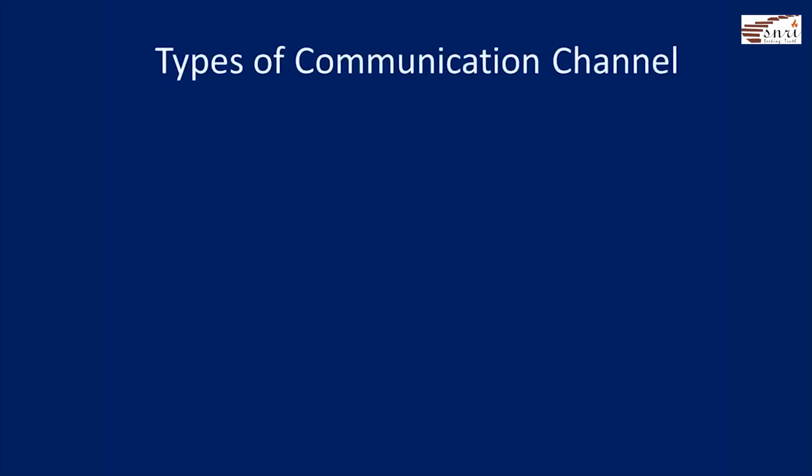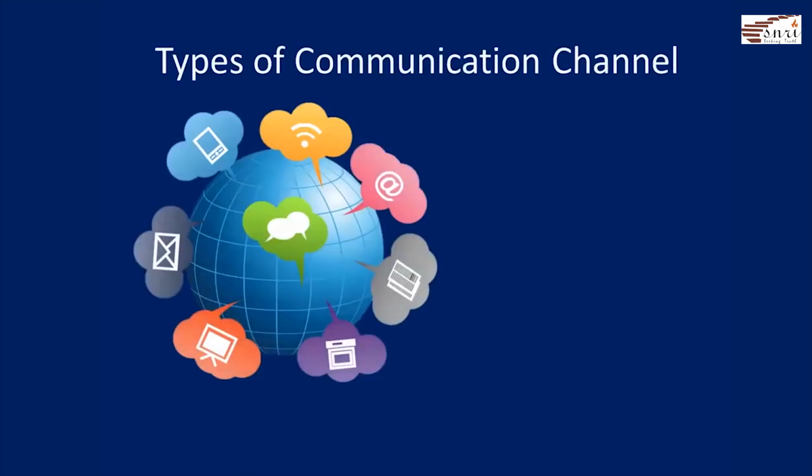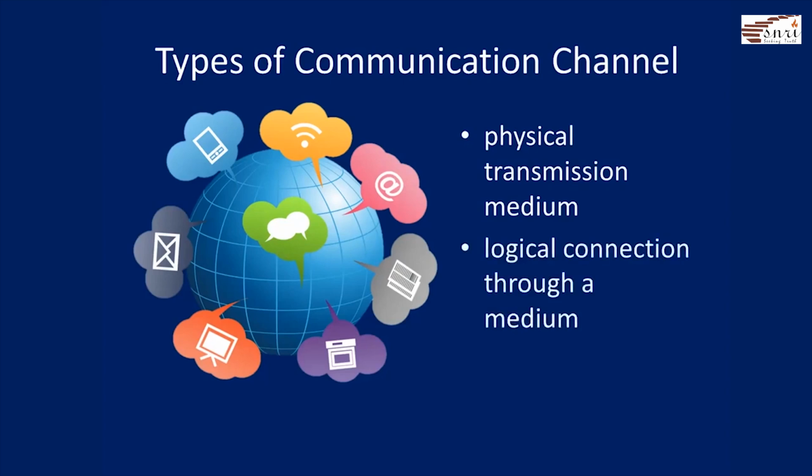Now, when it comes to communication channels, there are normally two types. First is the physical transmission medium, such as wire, or we can also have the logical connection through a medium, which includes radio channel in the communication process, or it can also include telecommunications, computer networking, electronics, technologies, and multimedia.